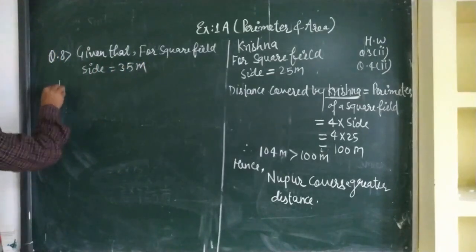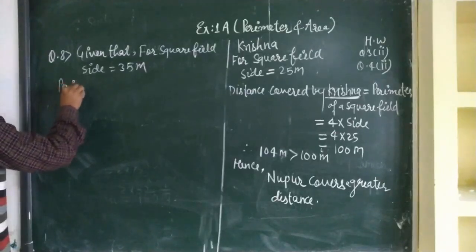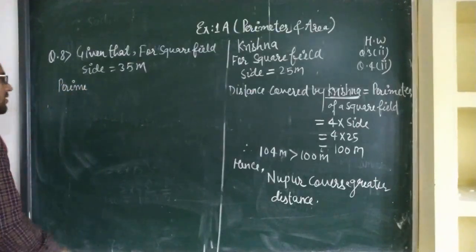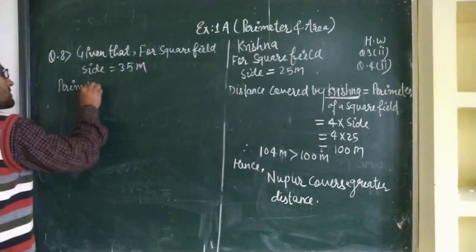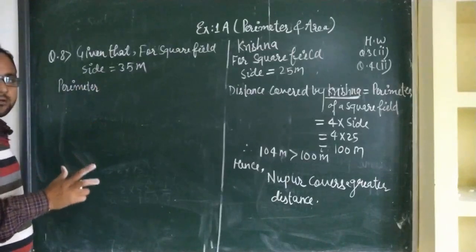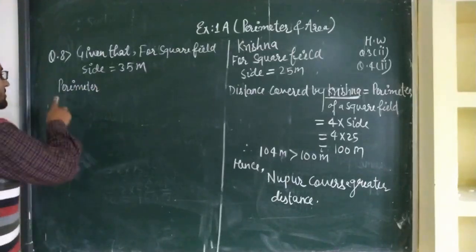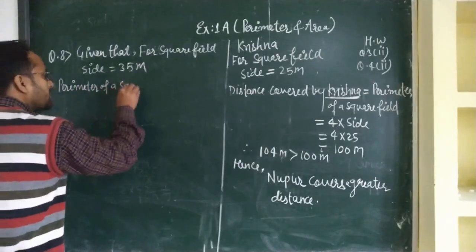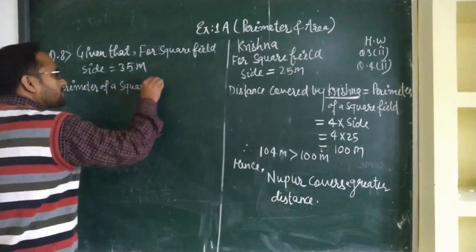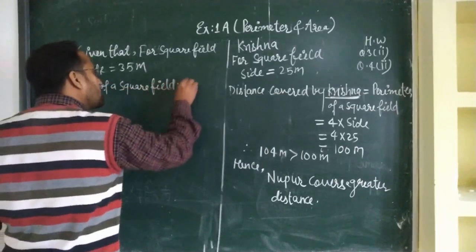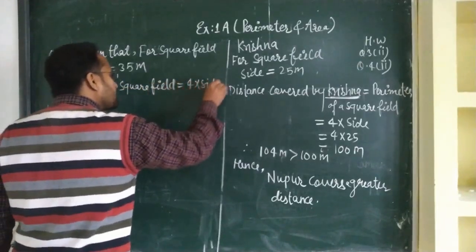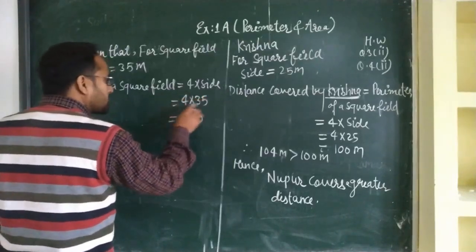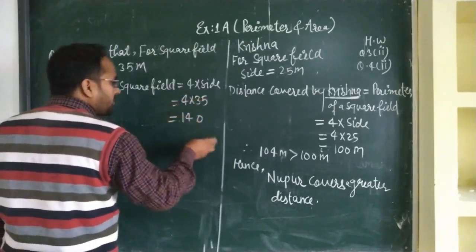Since the cost is given per meter, you surely find out the perimeter. Perimeter is a kind of length. The perimeter of a square field is equal to 4 multiplied by side. 4 into 35, 140 meter.